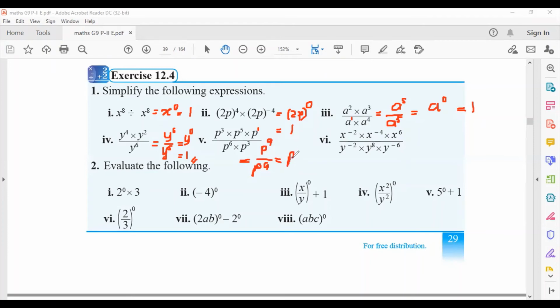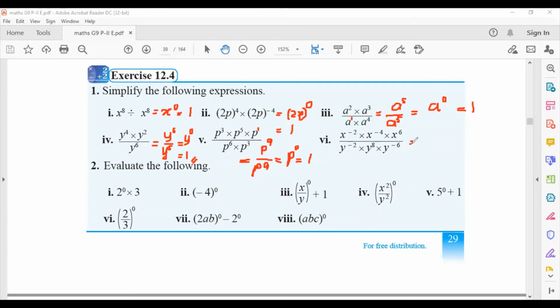Therefore, it is p to the power 0, 9 subtract 9. P to the power 0 is what? According to the laws of indices, any number except 0 to the power 0 is 1. Therefore, the answer is 1.